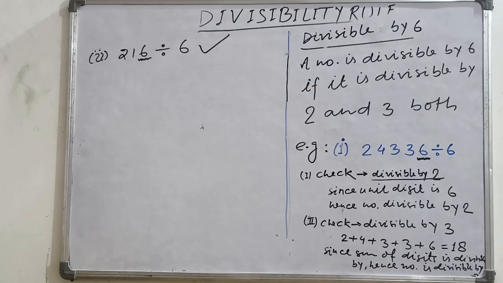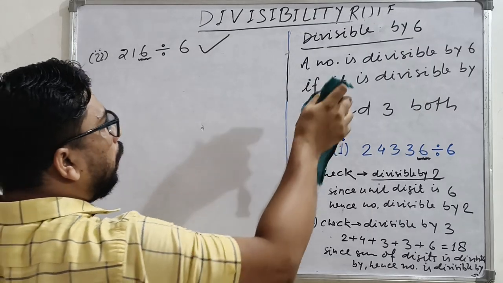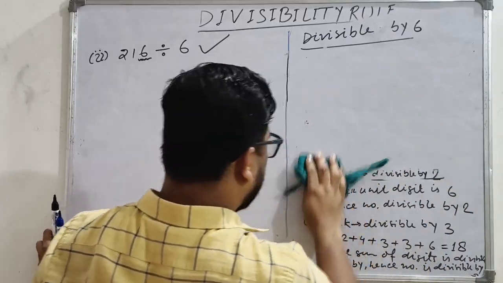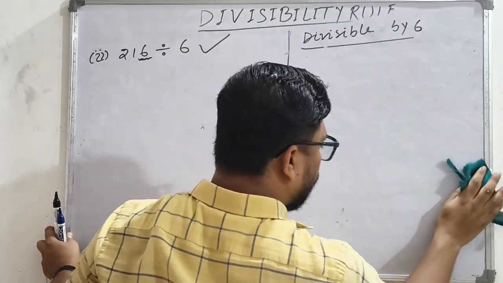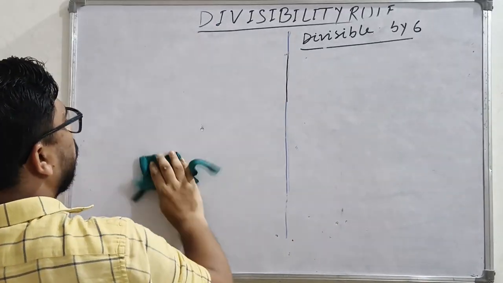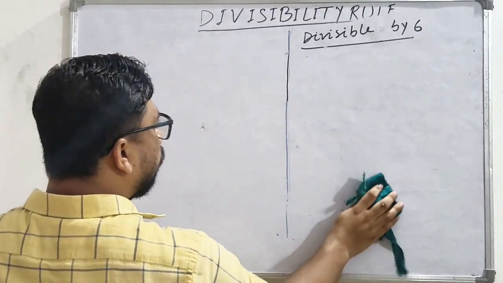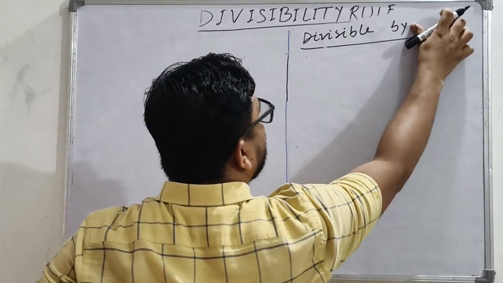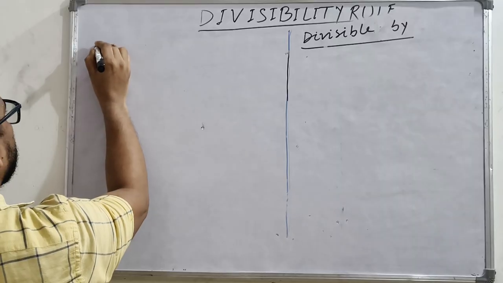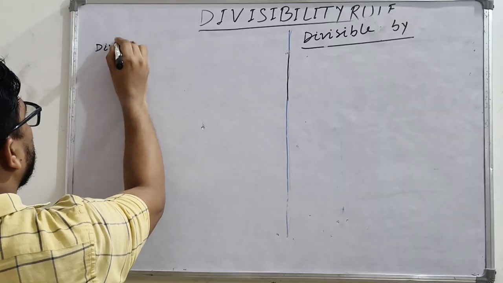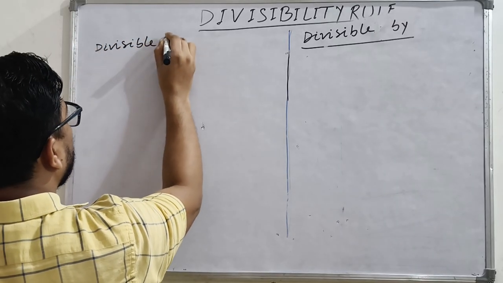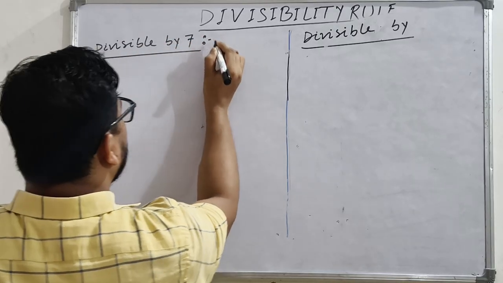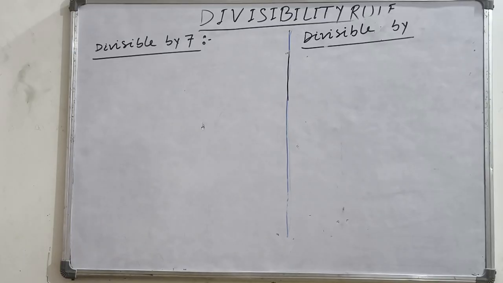Okay. Now, come to the divisibility rule of 7. Which numbers are divisible by 7?